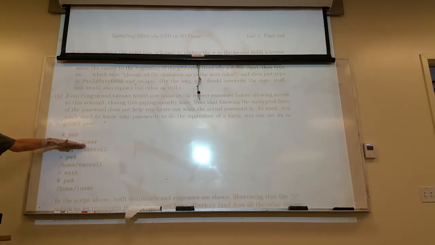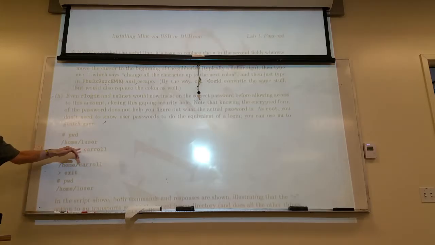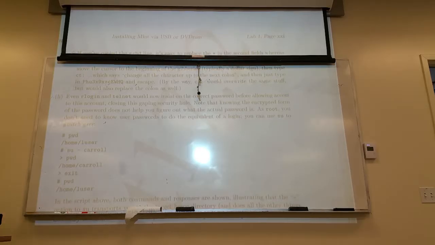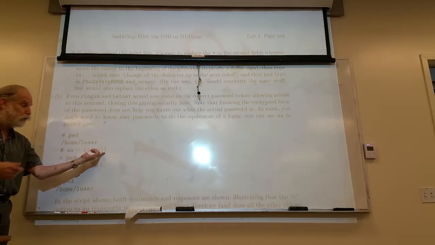Let's look at where we are, and let's assume it's home loser or whatever. Okay? And we can do an SU to, remember, SU all by itself just takes you to the root account. SU with a dash will take you to the home directory of whoever you're assuming the identity of. And you can give it an extra field out here to say who you want to be.